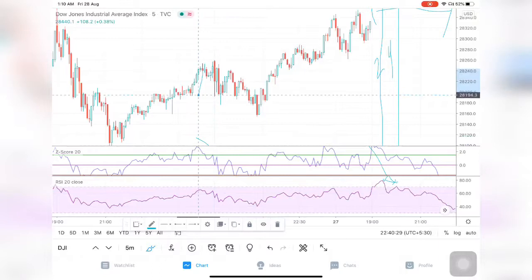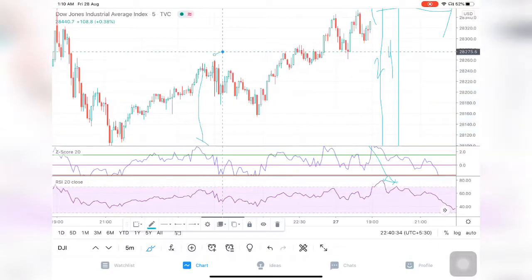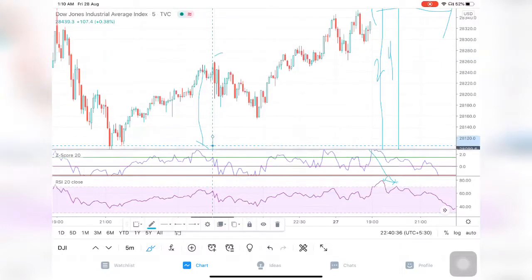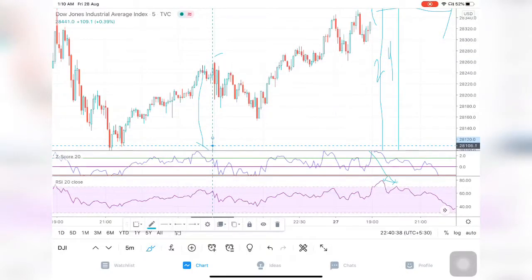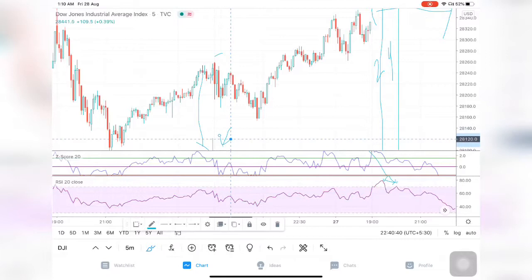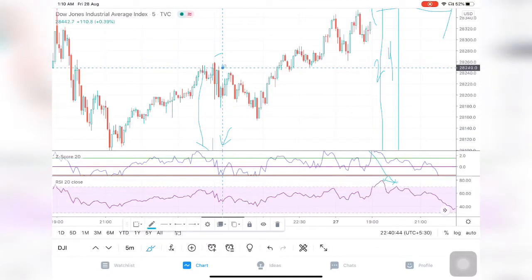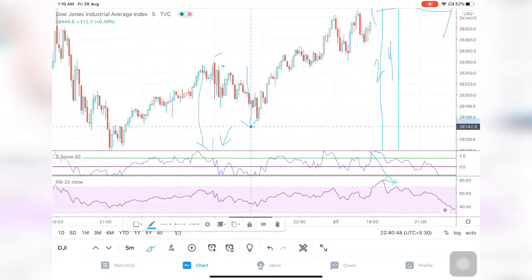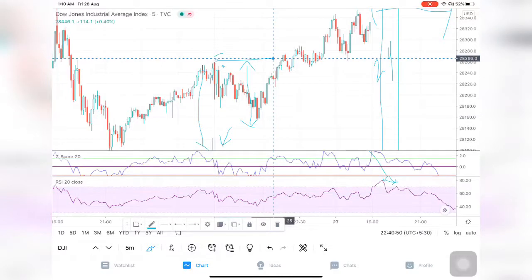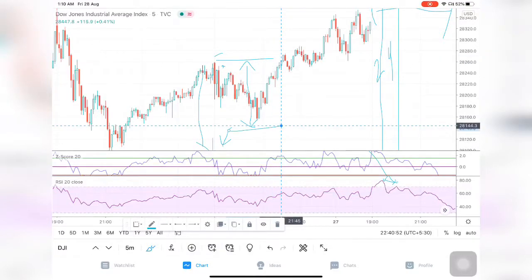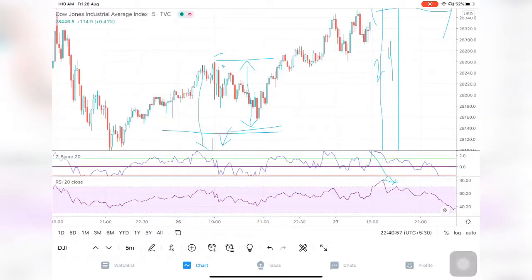The price is up here, further up, but the Z score is down. Okay. So here also we got another confirmation, and at this point also, if you sell it, then you are getting so much profit. Okay, this much profit you are getting. Yeah. So this is it.